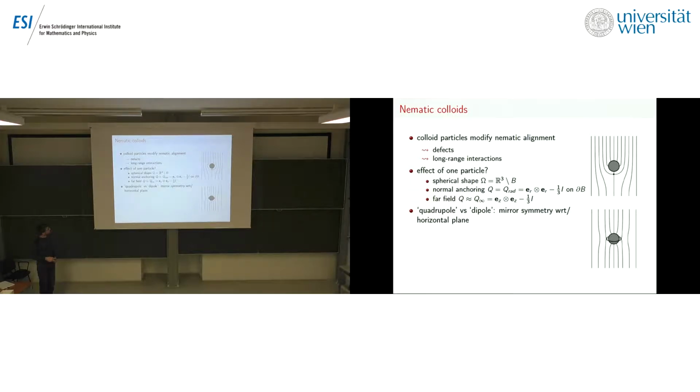And so, as I said, you want to understand when one of those two configurations happens, and within that electrostatic analogy, they are usually referred to as the quadrupole versus dipole configuration. So this would be the dipole, this would be the quadrupole, and what really distinguishes them from the point of view of symmetries is that this quadrupole has an additional symmetry. It's more symmetric, right, because you can do a reflection with respect to this horizontal plane, and it stays the same, right?